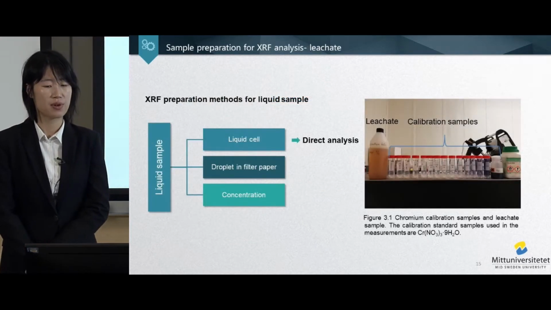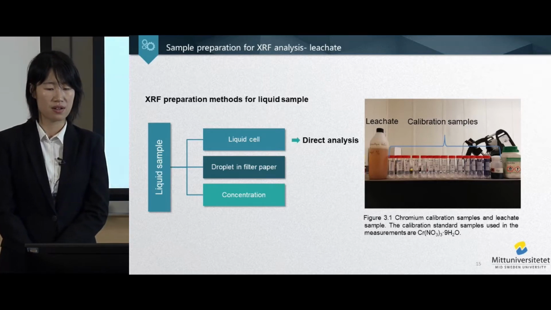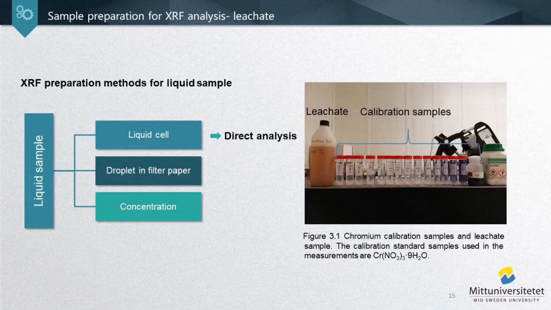For liquid samples, there are three common ways to prepare the sample. One is using a liquid cell. The sample is placed in a container and analyzed. This enables direct analysis. The second is to use filter paper, and then the paper is dried in an oven.